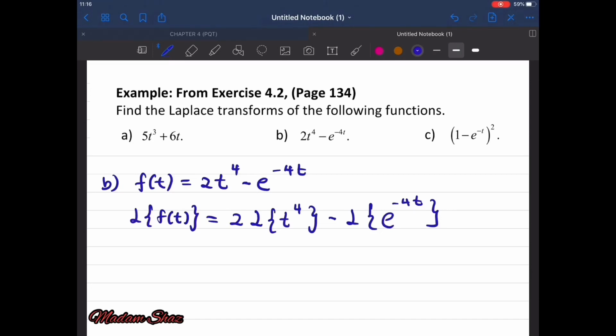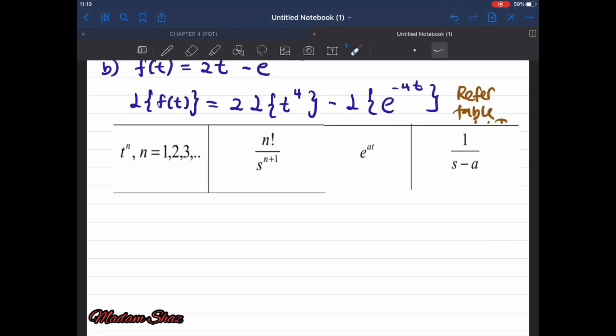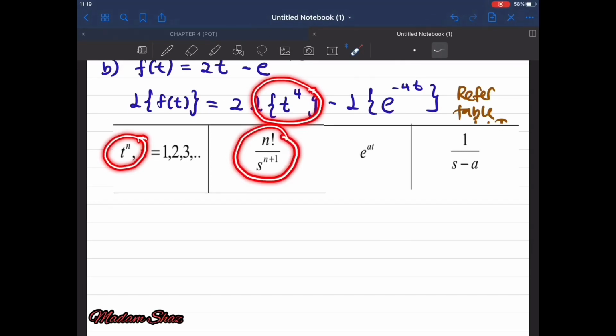Okay, so now you have to refer to the table of the Laplace transform. For Laplace of t to the power of 4, you have to refer to the t to the power of n. For Laplace of e to the power of negative 4t, you have to refer to the table entry for Laplace of e to the power of at. So for Laplace of t to the power of 4, you have to determine what is the value of n.